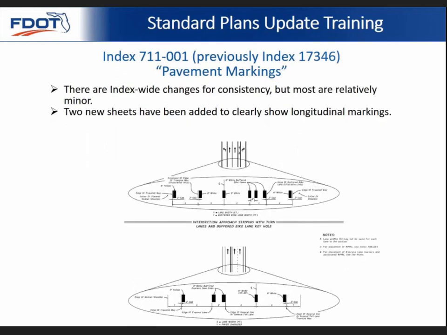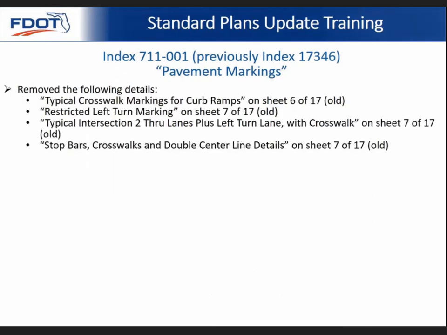And this section sheet here is showing for buffered bike lanes and also additionally the express lane striping. Some details have been removed from this index. These include typical crosswalk markings for curb ramps on the old sheet 6 of 17.